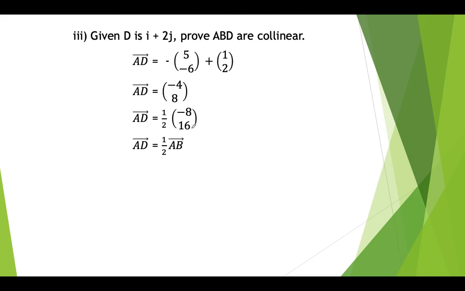So AB was -8, 16, so we know half of that will be the same. So we can see that AD is half AB. Because they have the same direction, just a different multiple, then they are in fact collinear. They're going in the same direction.